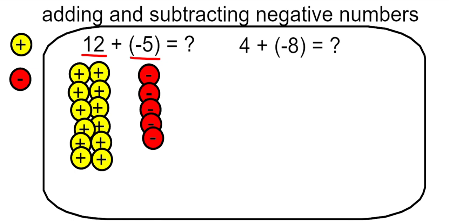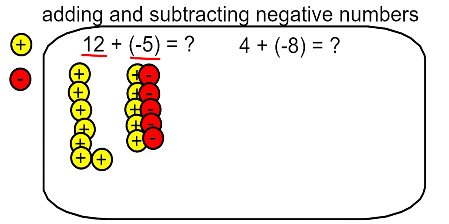Now, one of the great things about a negative and a positive is that together, a negative and a positive add up to 0. Because if I have a negative 1 and a positive 1, they both cancel each other out. So if we can pair all of our negatives with our positives, those add up to zeros. I don't like to count zeros because it just takes too long.